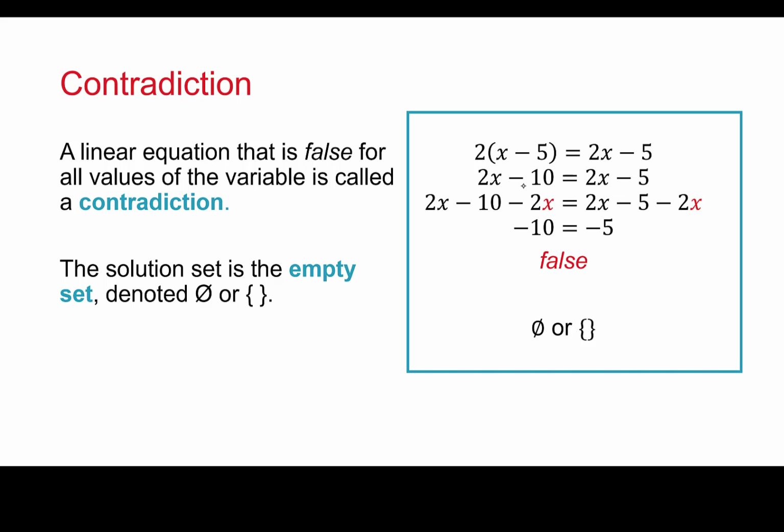If we try to collect the variables to one side, we could subtract 2x from each side. But in doing that, the 2x's subtract out on each side to just give us negative 10 equals negative 5, which is a false statement. So there's no value of the variable that would ever make that equation true. Therefore, it is a contradiction, so its solution set is the empty set.